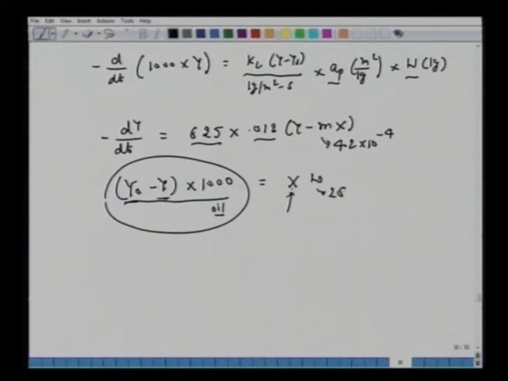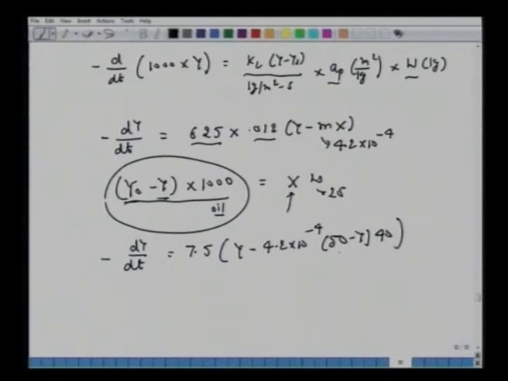So all we do, we replace x in terms of all these known quantities here. dy by dt will be equal to, multiplied by this, 7.5, y minus m, m is 4.2 10 to the power minus 4, x is now 50 minus y into 25,000 by 25, we have now 40.